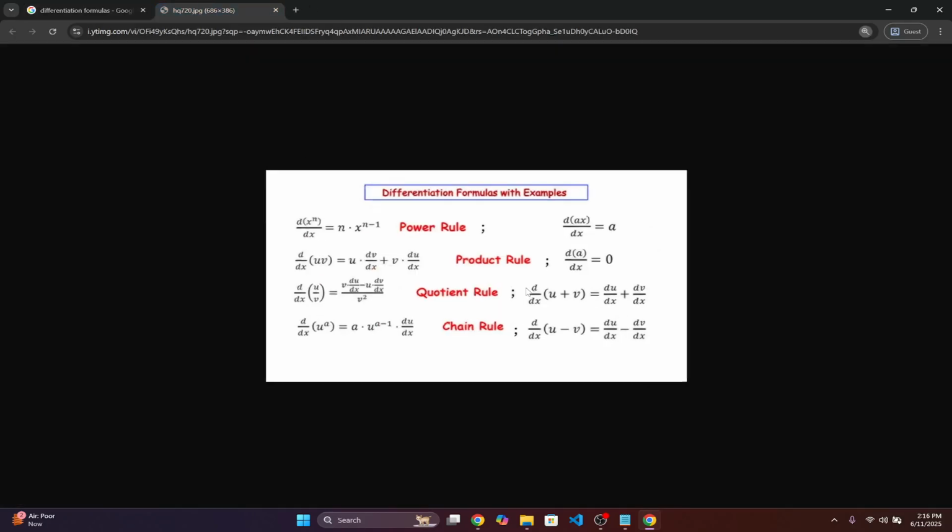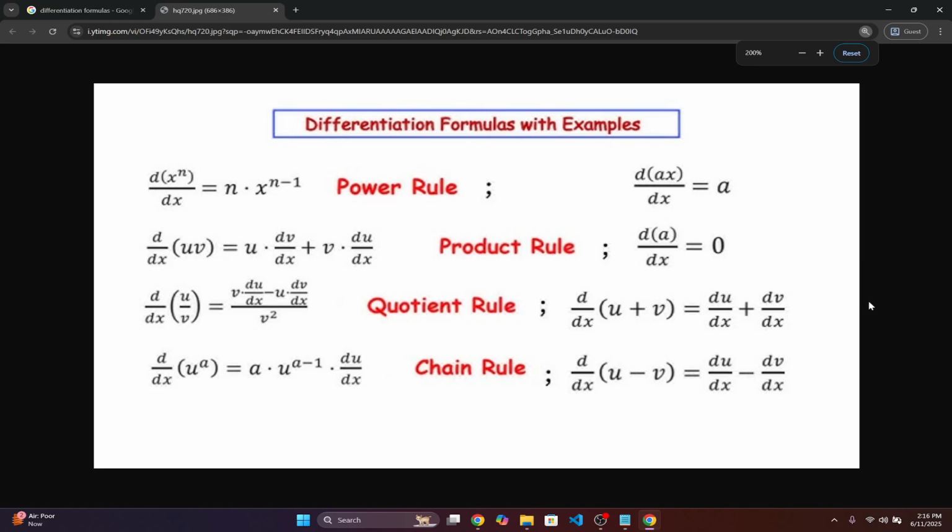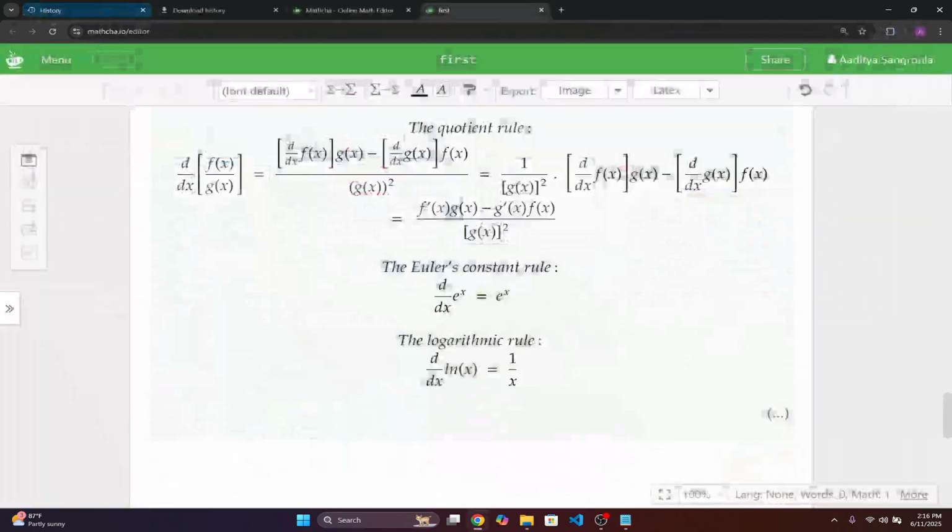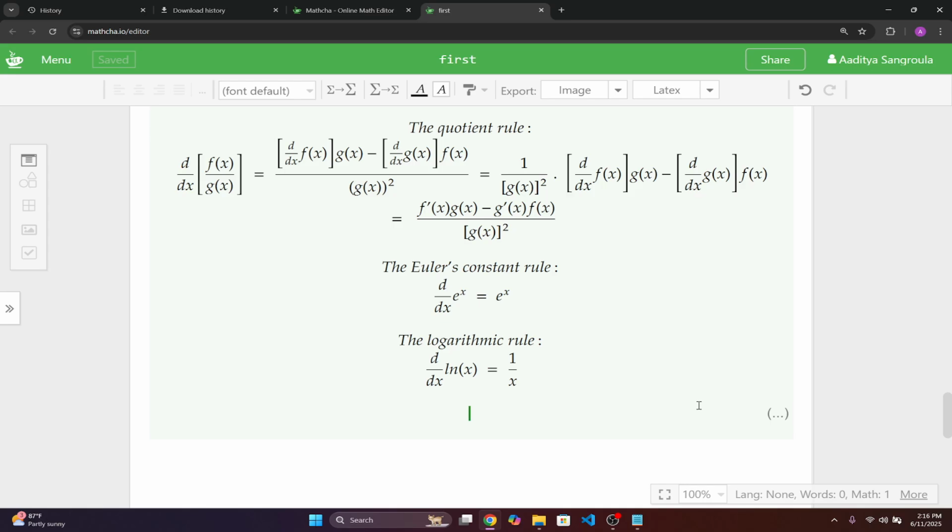You can do this if you sometimes forget a formula. It's going to be very helpful for you guys. And I had forgotten to mention one formula, the chain rule, but I'm not mentioning it right now because I'll mention it later on.